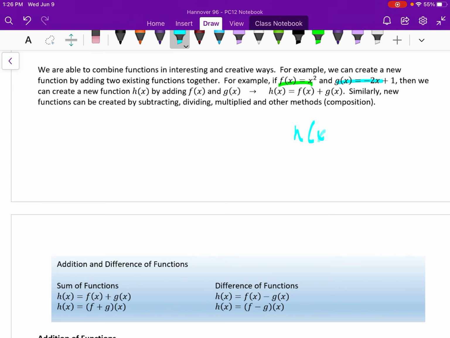And what would be the formula for it? It would be x squared minus 2x plus 1. Similarly, we can do this operation on functions for subtracting, dividing, multiplying, and other methods, including nesting functions, and we call this nesting of functions composition, which we will get to in a few days.